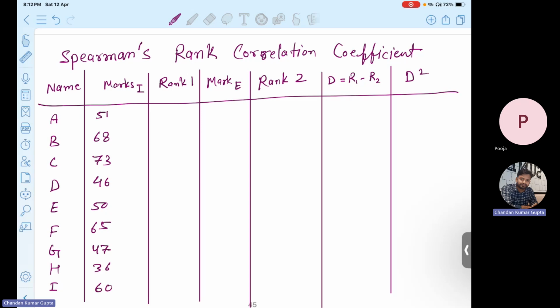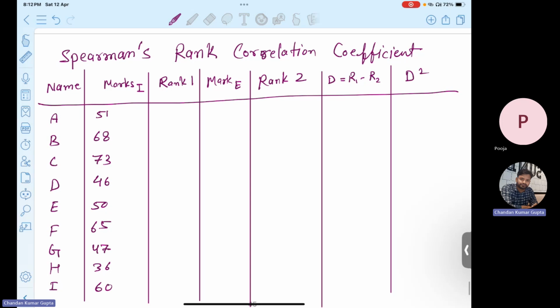The external marks are 49, 72, 74, 44, 58, 66, 50, 30, and 35. So we are given this data.